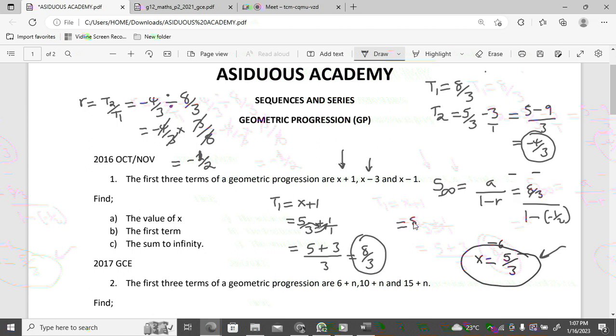We have 8/3 divided by 1 minus negative 1/2, which is the same as 1 plus 1/2, because those two negatives multiply. And 1 plus 1/2 gives us 3/2. Then we swap this one. This becomes 8/3 times 2/3. If we multiply on top, 8 times 2 gives us 16, and down, 3 times 3 gives us 9. So the sum to infinity is 16/9.